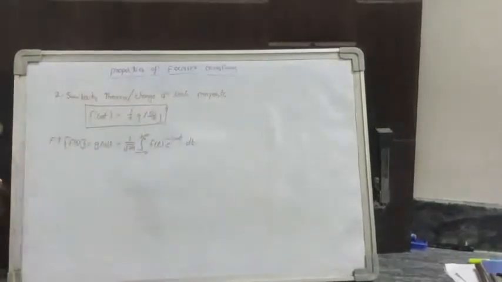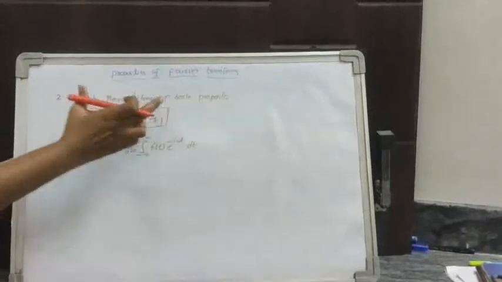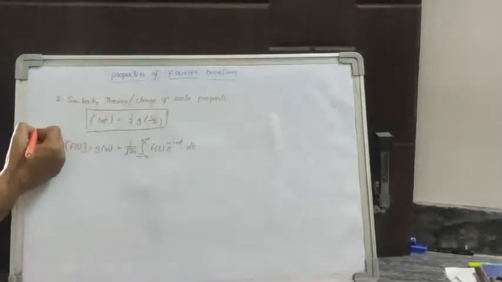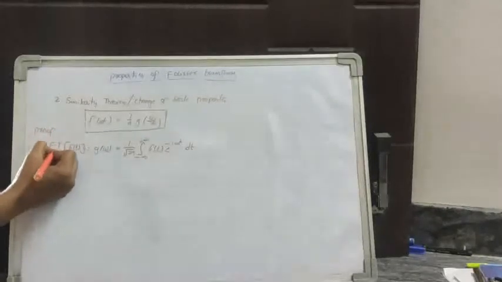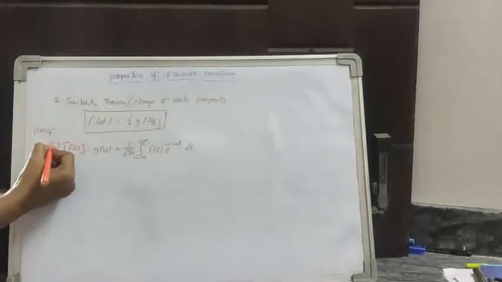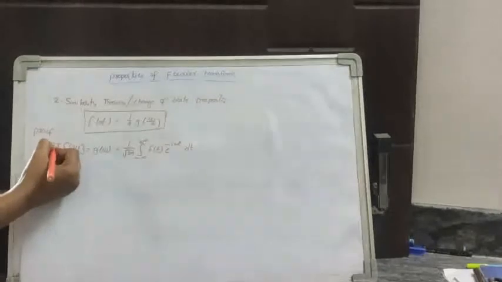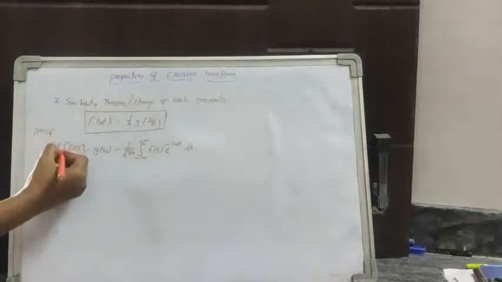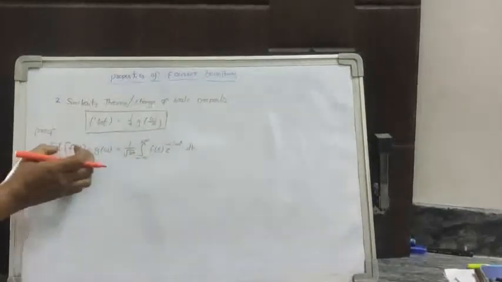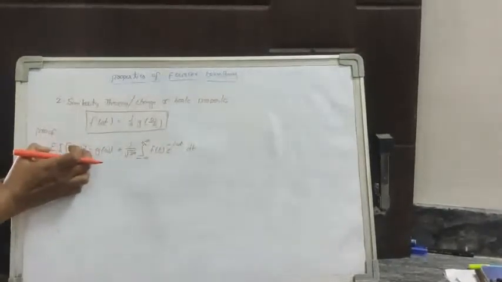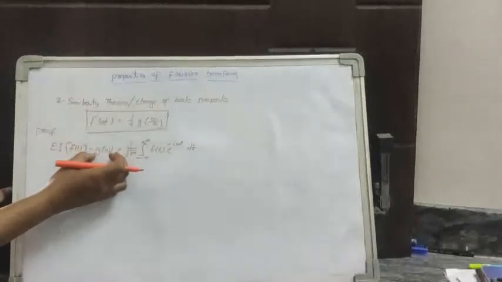So to prove this, first consider the Fourier transform of the function f of t, and we can denote this whole term simply as g of omega.